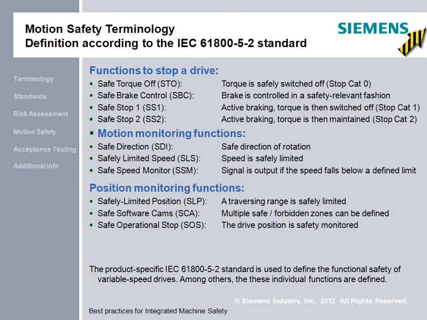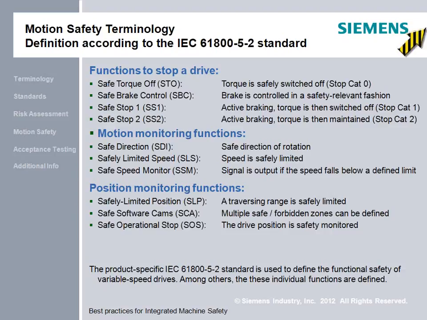Safe stop 2 is the equivalent to a stop category 2, which is bring the axis or machine to a stop and then maintain position. So for the purposes of our discussion, these 3 categories of stops, safe torque off, safe stop 1, safe stop 2, match up very nicely with our traditional stop categories.